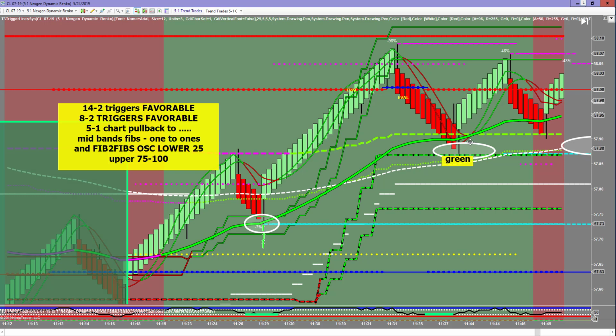Now, one more pullback with the background color green, you're going to do one more trend trade. And again, where's the spot? The spot is mid bands. You got a lot of mid bands and fibs and pretty much every mid band there. So, could you have made 20 ticks with this first one?